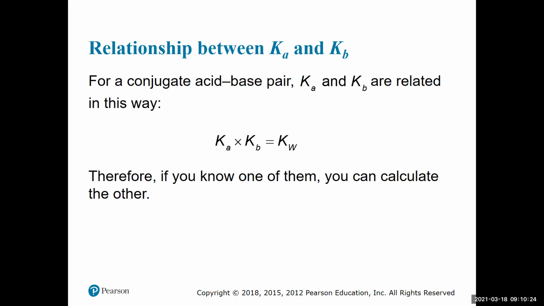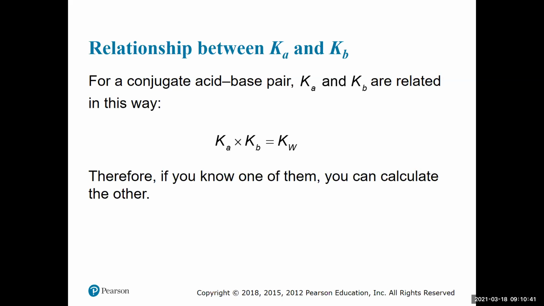So Kw is what? Anybody remember what that is? Water. Yeah, and it's 10 to the minus 14th, right? So Ka times Kb has to equal 10 to the minus 14th.